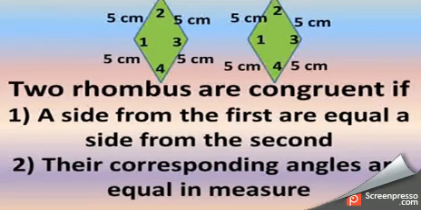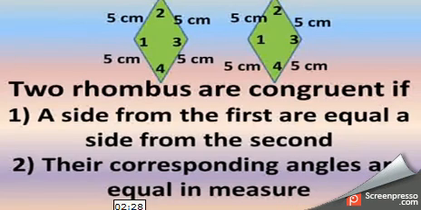Who can tell me the properties of a rhombus? Mister, the properties of a rhombus: all sides are equal in length and the two diagonals are perpendicular. Excellent. Now if the length of this rhombus's side equals the length of this rhombus's side, can I say these two rhombuses are congruent? No, you can't, because we have the second condition. I should have corresponding angles equal in measure as well.